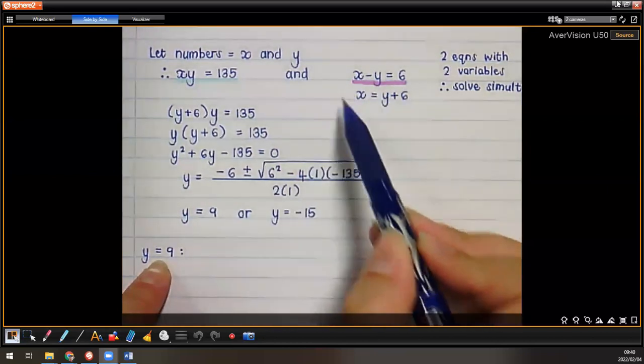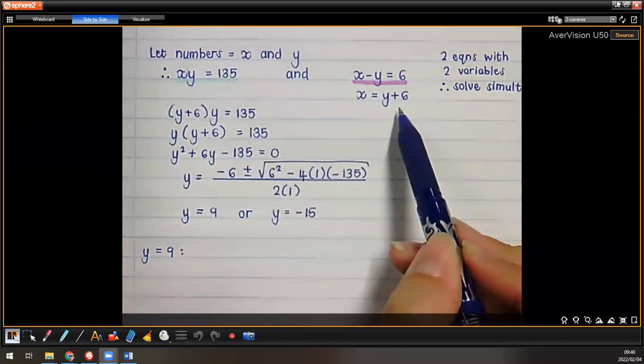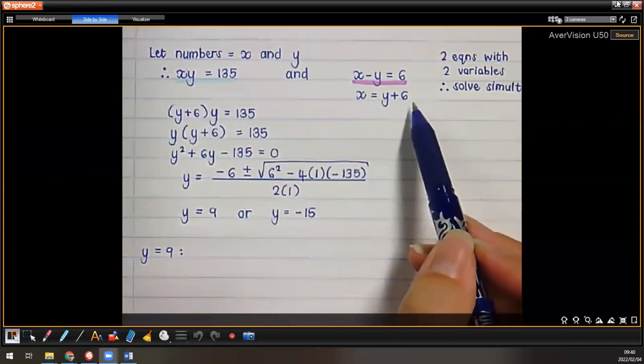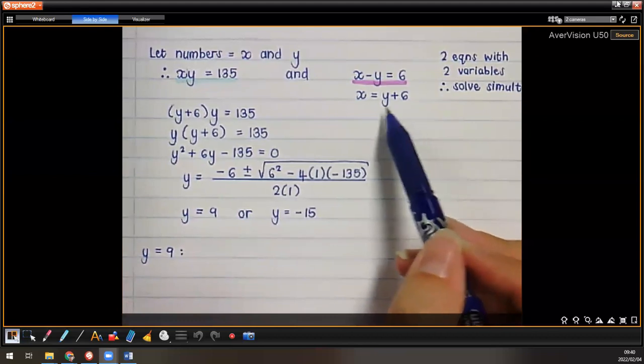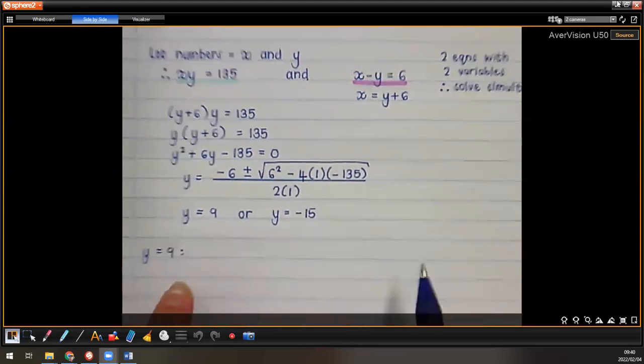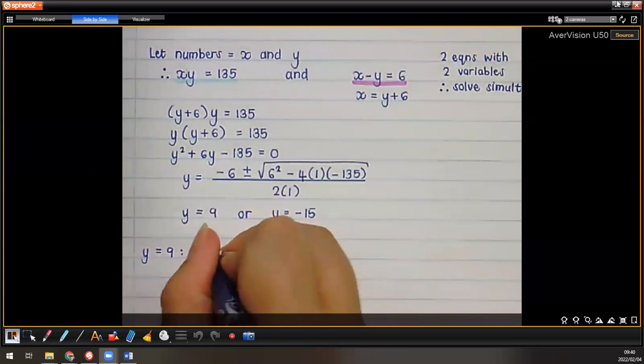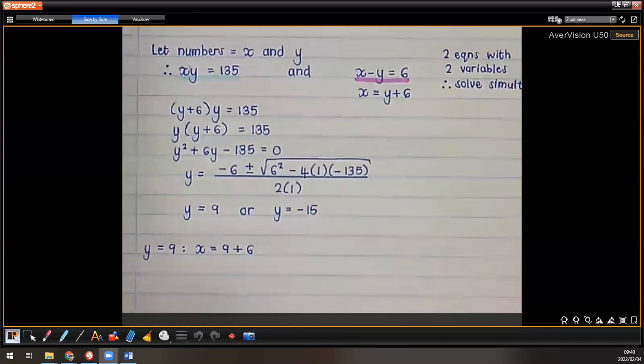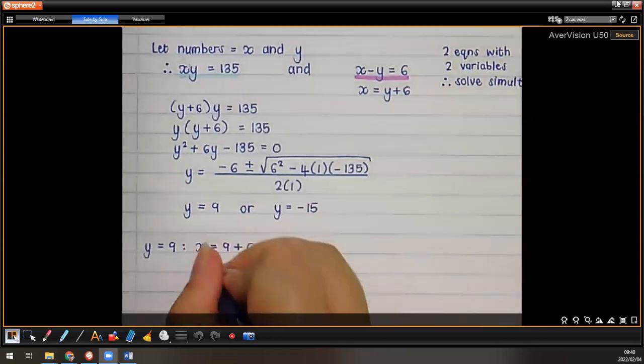Substitute it back into this. When we made x the subject, this is telling us x is equal to whatever y is, plus 6. All right, so in this case, y is 9. So we're going to say that x is 9 plus 6, right? Y plus 6. And that is 15, right?